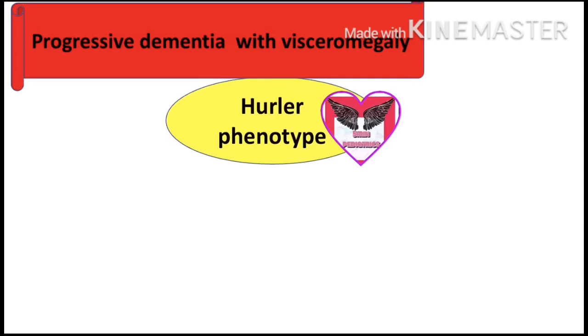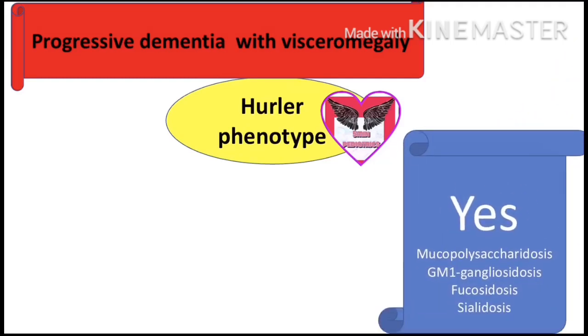Features suggestive of Hurler phenotype are frontal bossing, hypertelorism, a large protruded tongue, thick lips, umbilical hernia, and skeletal abnormality. These are all features of Hurler phenotype. If it is present, then the differentials are mucopolysaccharidosis, GM1 gangliosidosis, fucosidosis and sialidosis.